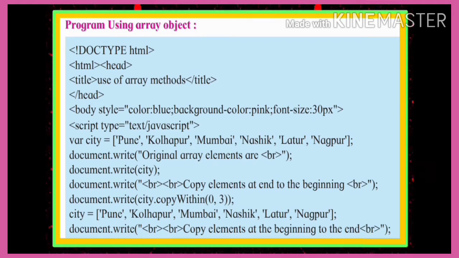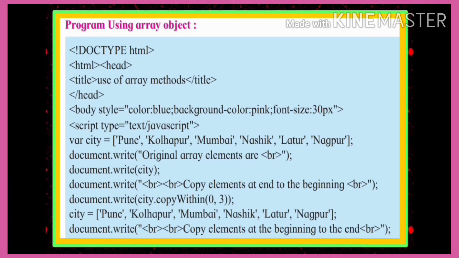Use var variable ct. Here ct is an array having 6 elements. First is Pune, second is Kolhapur, third is Mumbai, fourth is Nashik, fifth is Latur and sixth is Nagpur. So by using var ct equal to bracket, mention the elements in double quotes, you can create the array ct.